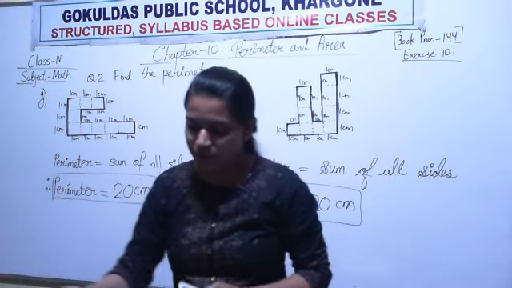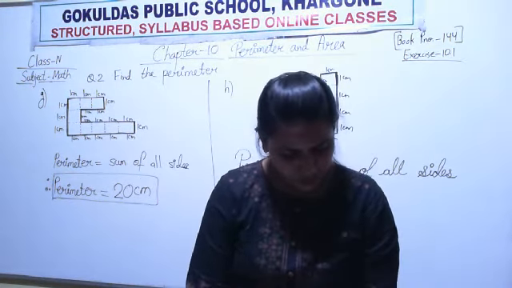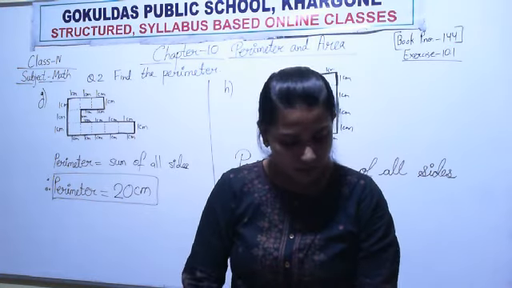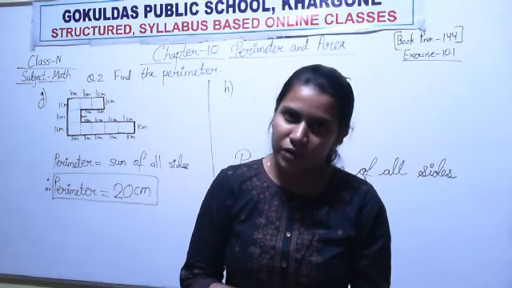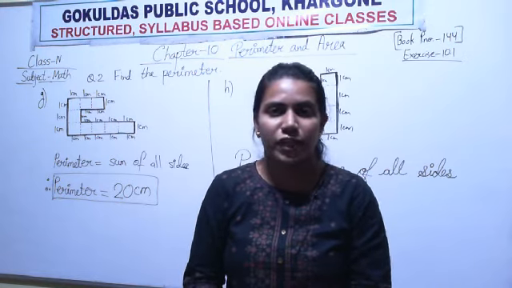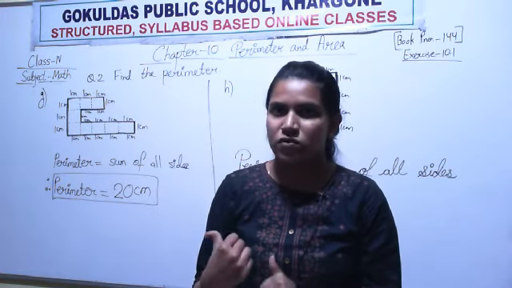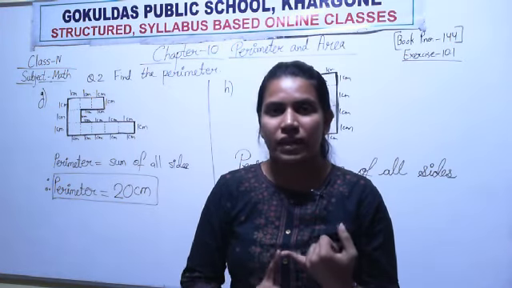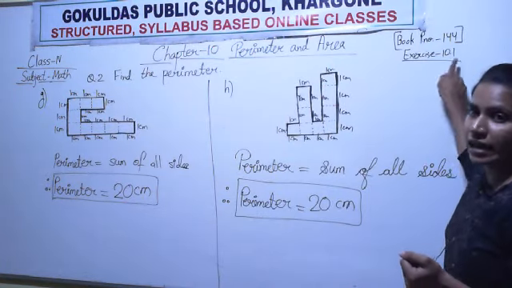Question number 2 is completed here, right? Question number 1 we have done in our previous lecture. I hope you have completed your homework of question 1. Question 2, I have discussed what you will do. You will properly write the chapter name, exercise.